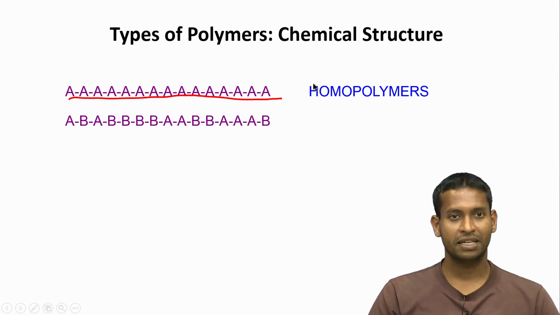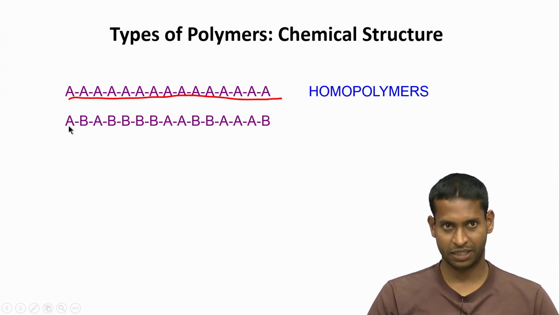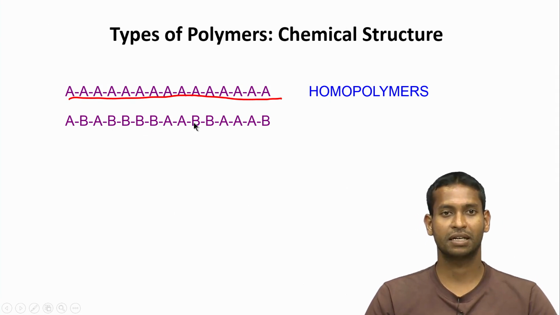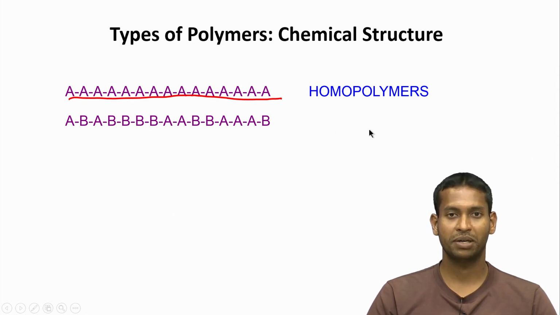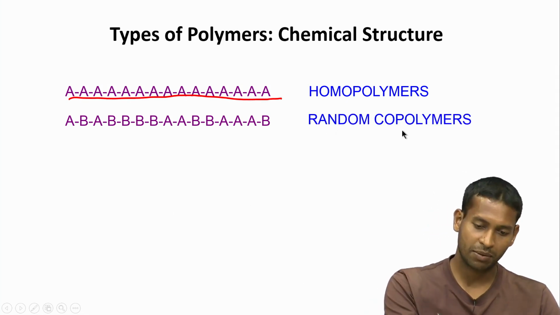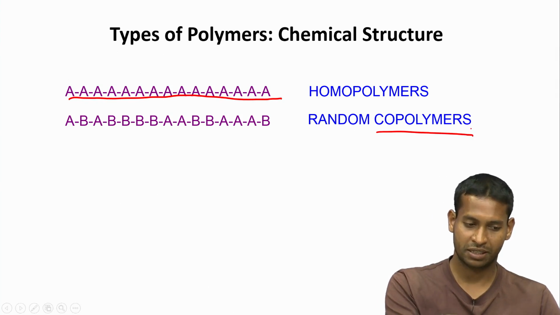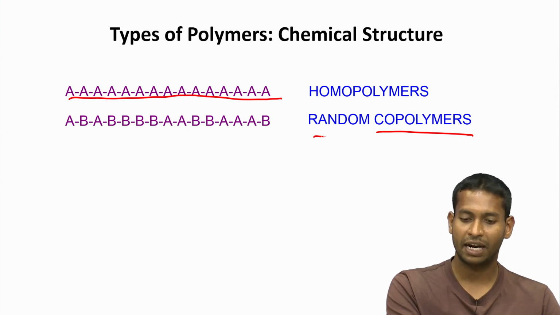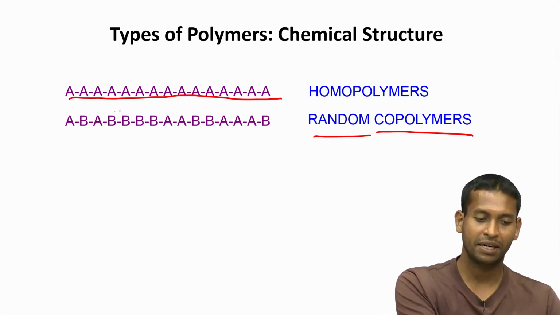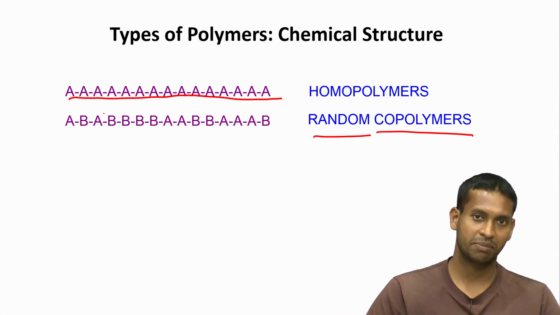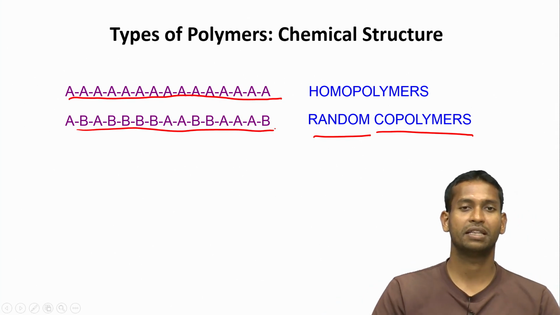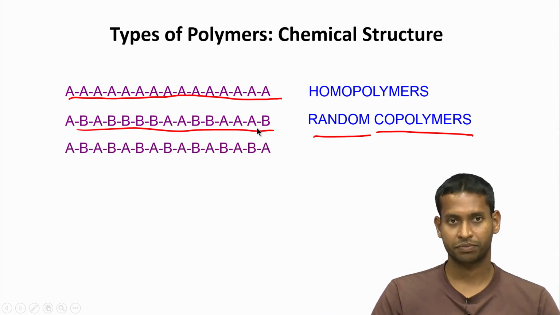You can have something like this in which you have two different monomers, a monomer A and a monomer B, which have been covalently linked to form a structure which is quite random in terms of the distribution of A and B. These are called random copolymers. They are copolymers because there is more than one monomer, and they are random because it could be ABA or it could be AAB, and there is really no pattern to the distribution of A and B in this polymer. So, they are random copolymers.